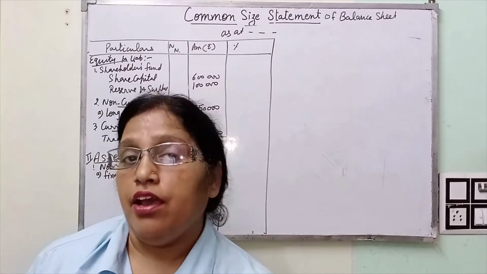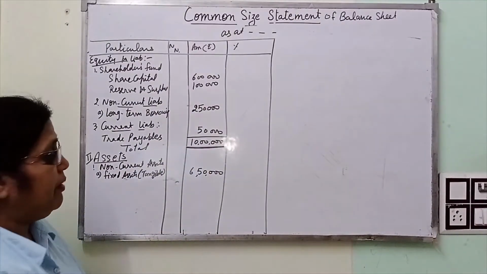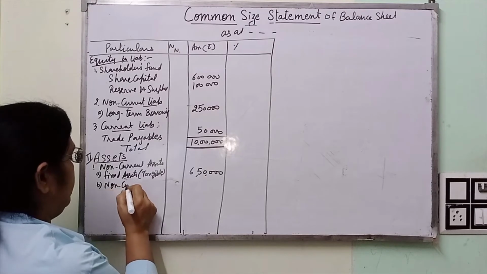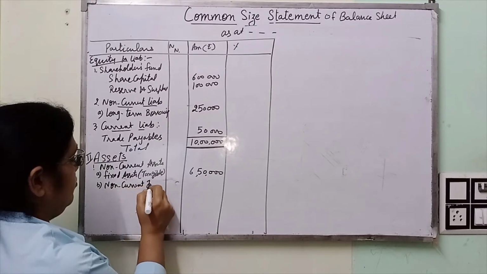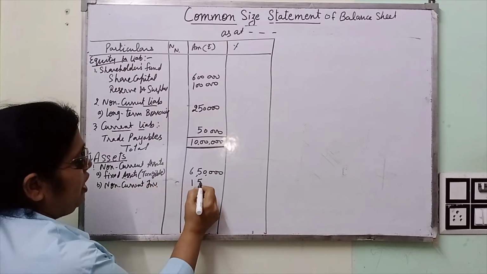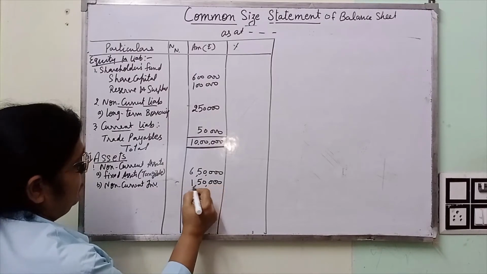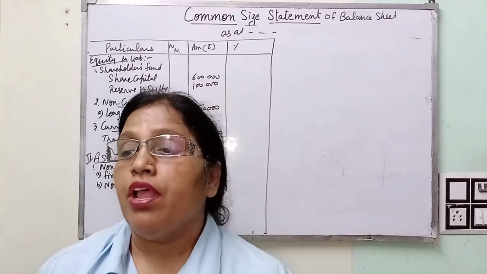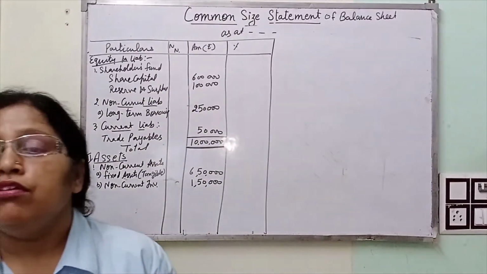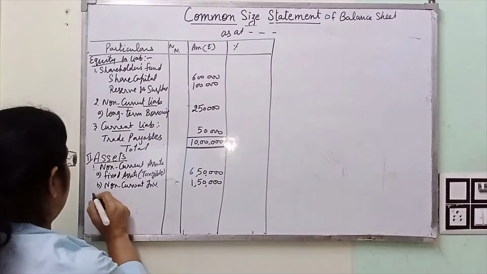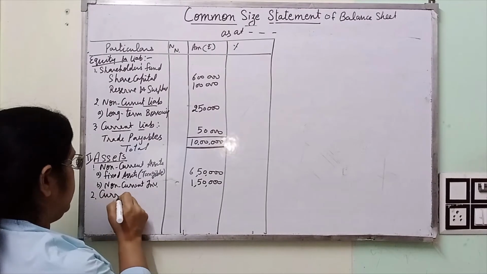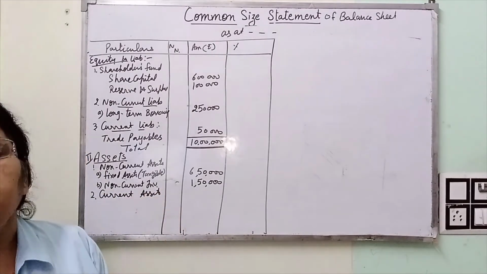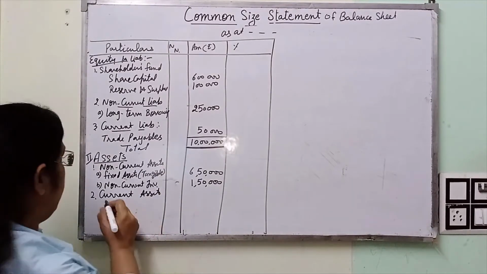After this, we have non-current investment. B part is non-current investment. Amount is 1,50,000. Non-current assets are completed. After this, we have current assets. Second point, current assets. Under current assets, first point is inventories.